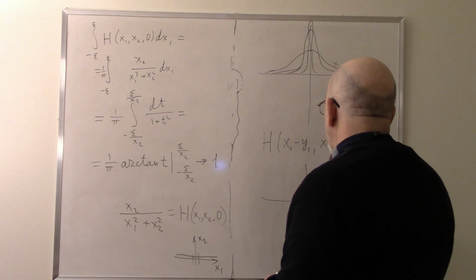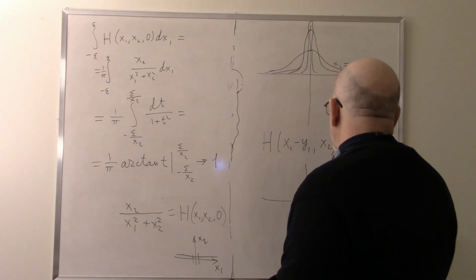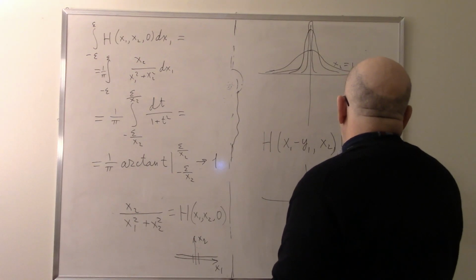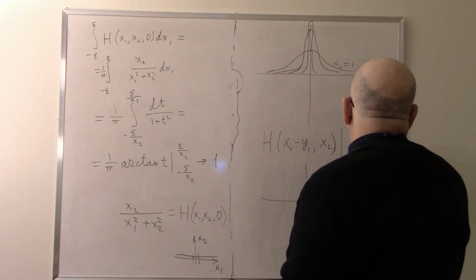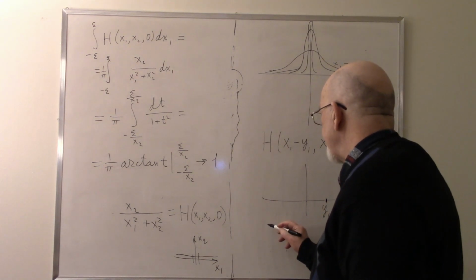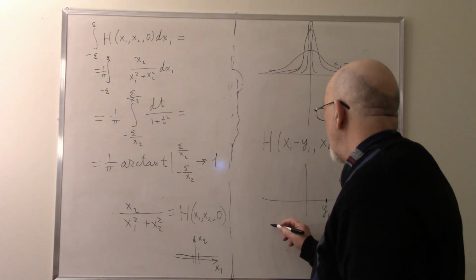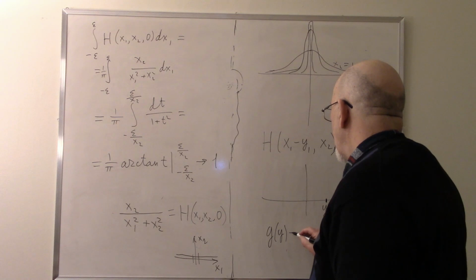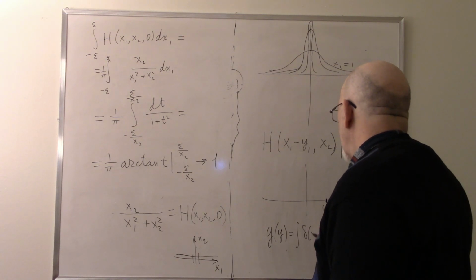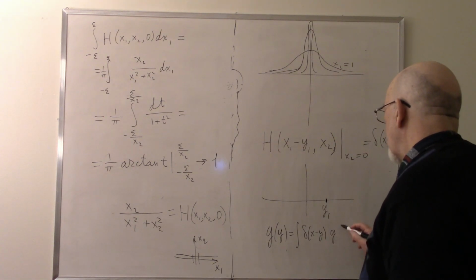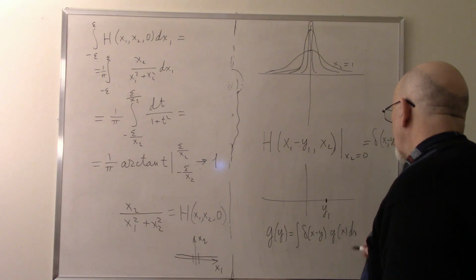And on the boundary, for x2 equals 0, it equals delta of x1 minus y1. And we can write g of y equals integral delta of x minus y times g of x dx.